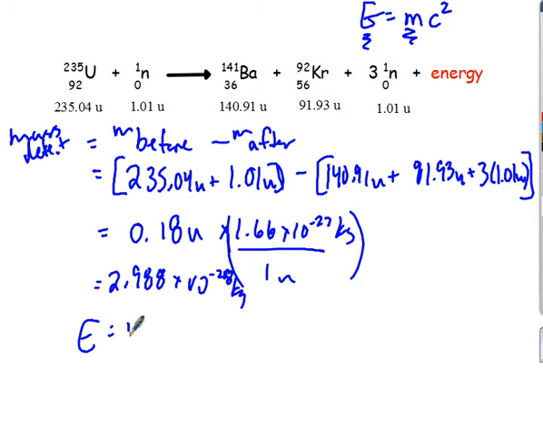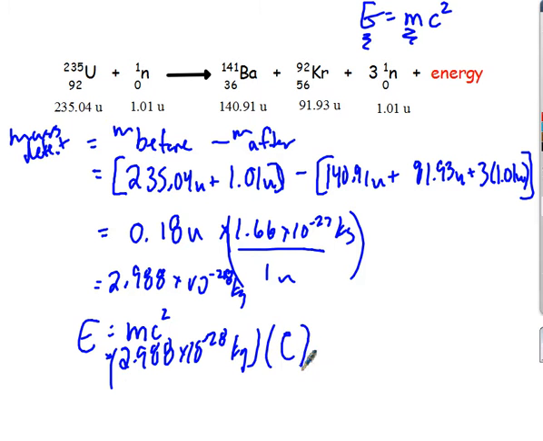So when I take this E equals mc squared, that mass defect, the mass that is missing from before and after, is going to be released as energy. 2.988 times 10 to the negative 28 times the speed of light squared is going to give me 2.69 times 10 to the negative 11 joules.